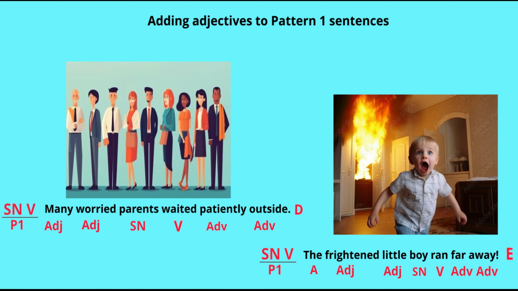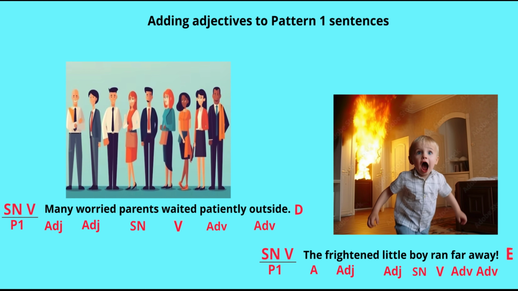In the second image, you can see a frightened boy running, right? The frightened little boy ran far away. Here, the is an article adjective. Who ran? Boy, right? So, boy is a subject noun. And what did the boy do? He ran. So, ran is the verb, action there. And what kind of boy? Frightened little boy.